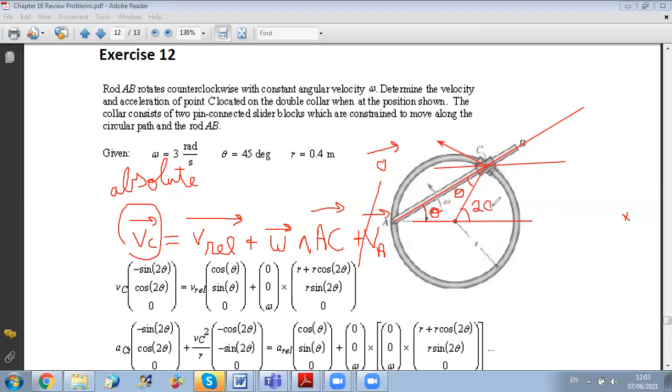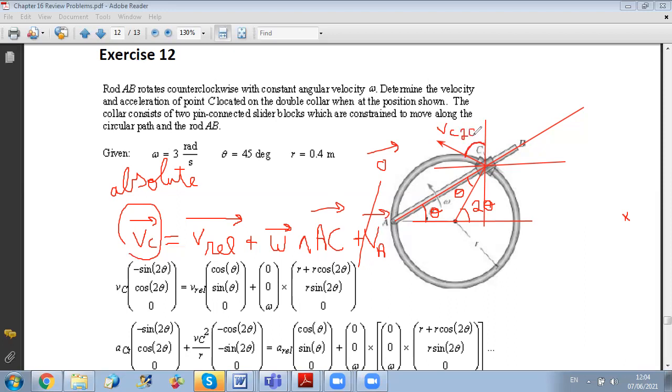So I can deduce that the angle between the radius and the horizontal is equal to 2 theta. Since the velocity of point C is perpendicular to the radius, and the vertical line, the y-axis, is perpendicular to the horizontal, I can say that the angle between VC and the vertical is 2 theta.